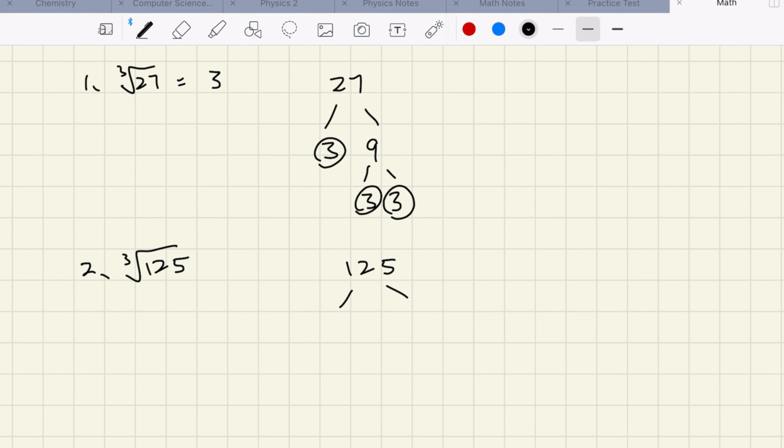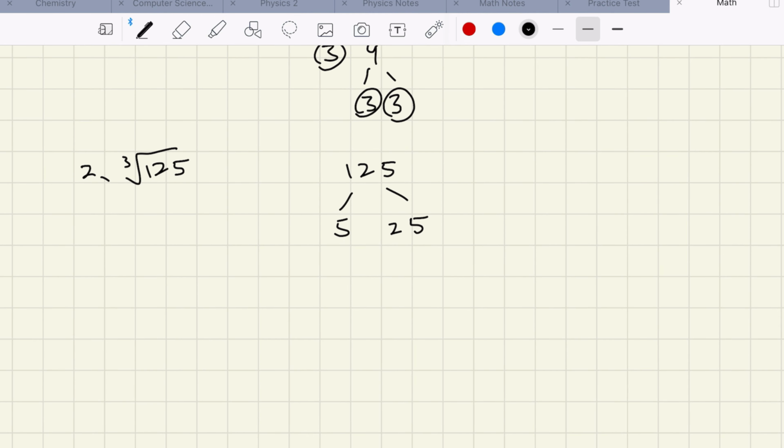It ends with a 5. That means 5 must be one of the factors. So what multiplied by 5 equals 125? Well, that is 25. So 5 multiplied by 25 is 125. 25 can be further factored into 5 and 5. So now we have 3 5s. So the cube root of 125 is 5.